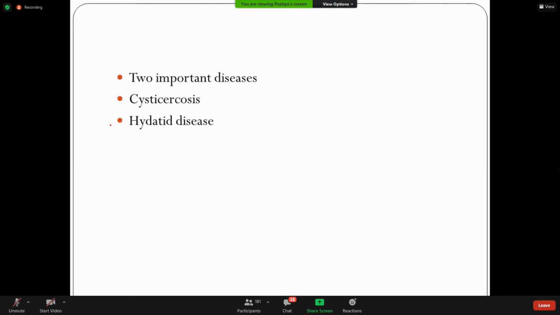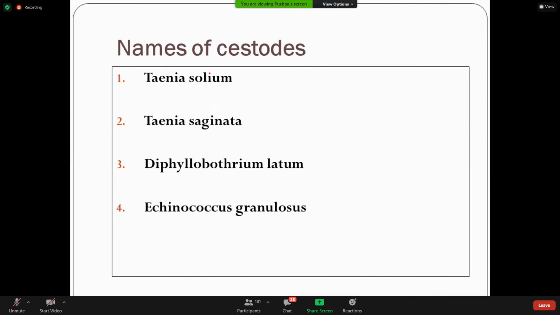We will discuss hydatid disease today in the end, and cysticercosis will be discussed in our next Friday's lecture. So the four important cestodes are Taenia solium, Taenia saginata, Diphyllobothrium latum, and Echinococcus granulosus. The disease caused by Taenia solium and saginata is Taeniasis. Okay.